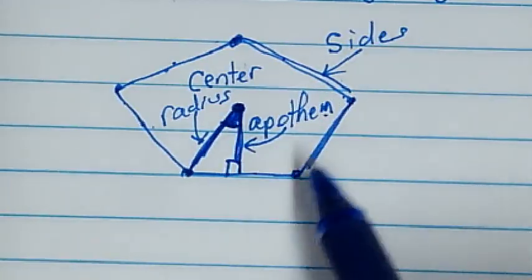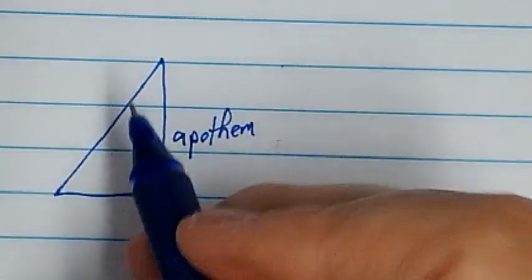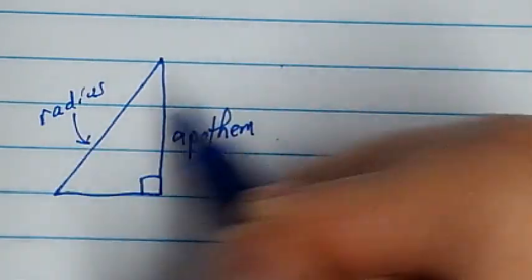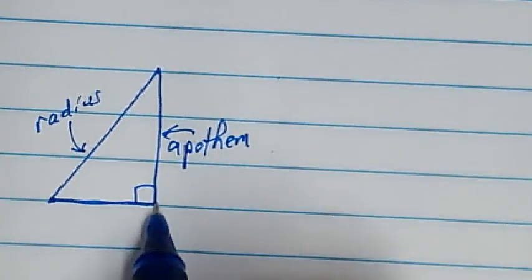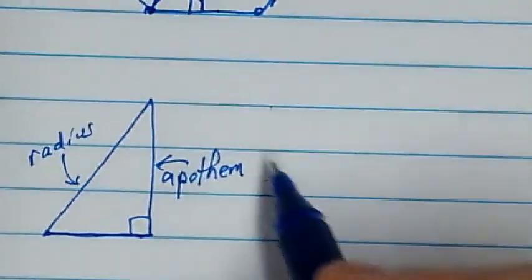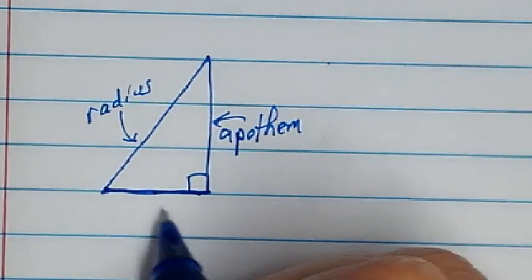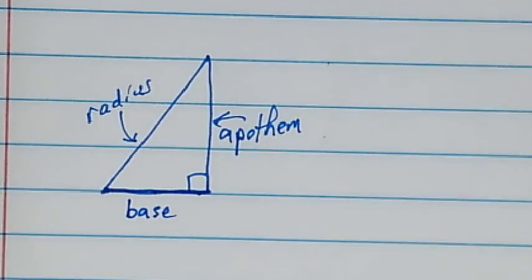And if I take this triangle and I draw it outside of the diagram, say, right here, where this is the apothem, this is the radius, and this bottom right here, I'm just going to give it a name. I'm going to call it the base, just for my own purposes.